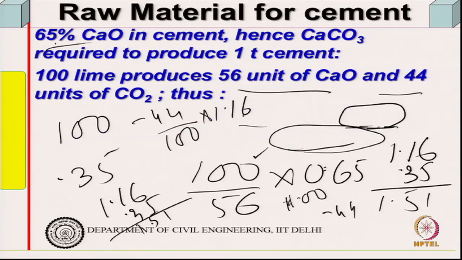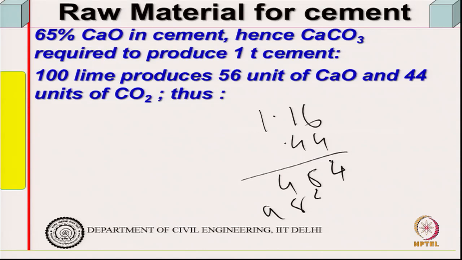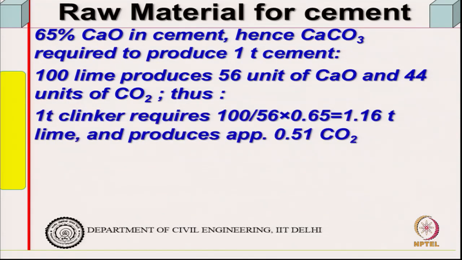We can quickly calculate it: 44% of 1.16, 1.16 into 0.44, somewhere around 0.52 or 0.51 tons of carbon dioxide you will produce. So, approximately 0.51 carbon dioxide.